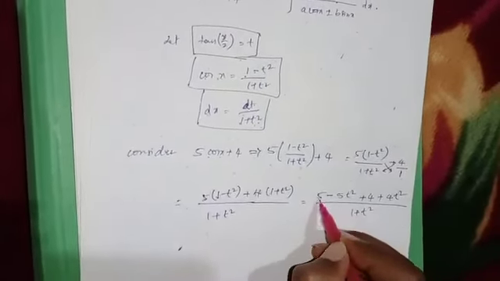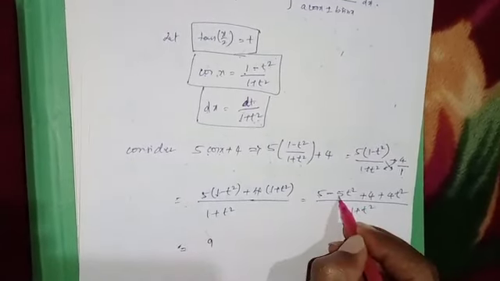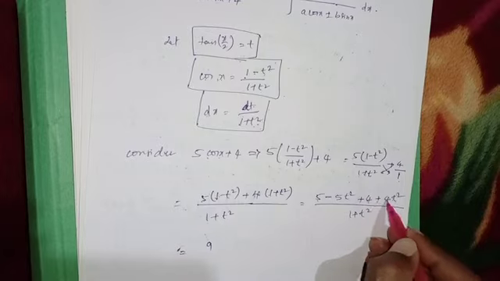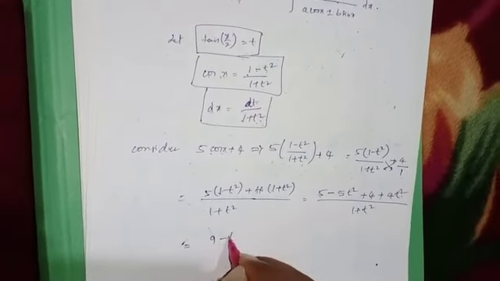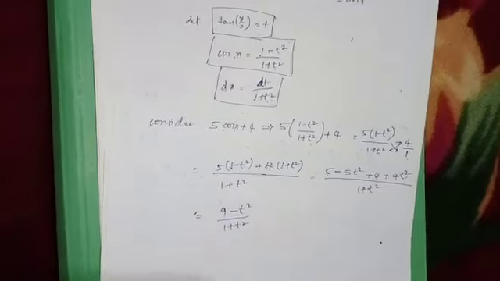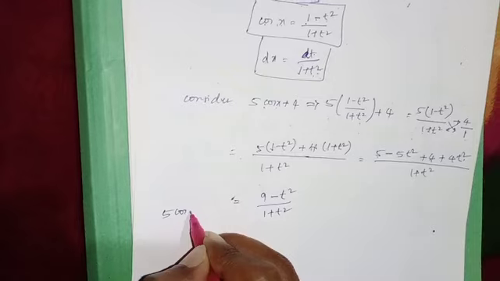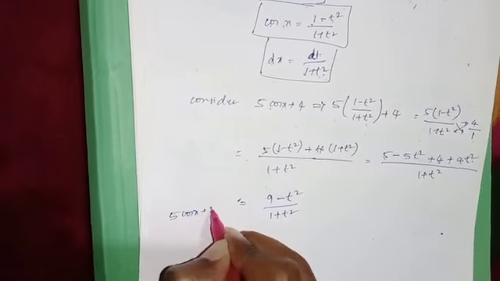See here, 5 plus 4, this is 9, minus 5t square plus 4t square, it is minus t square by 1 plus t square. This is the denominator value, that is 5 cos x plus 4 value.